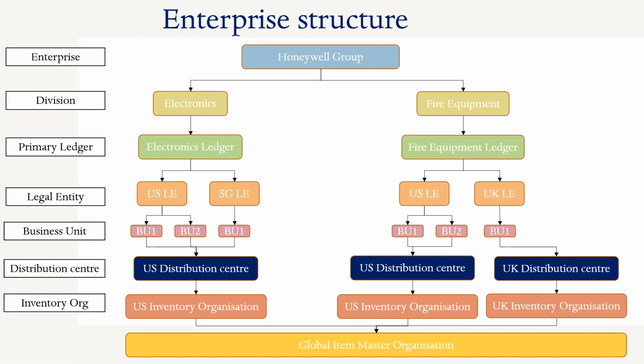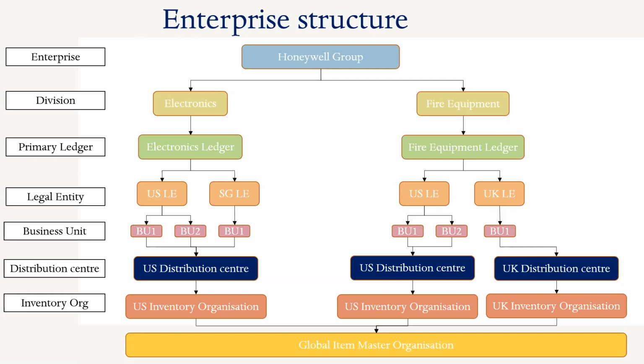Basically we have the inventory organization and the item master organization. In R12, we will have the item organization and the inventory organization attached to it. But here we can have a global item master, and we can have this item master attached with the inventory organization.